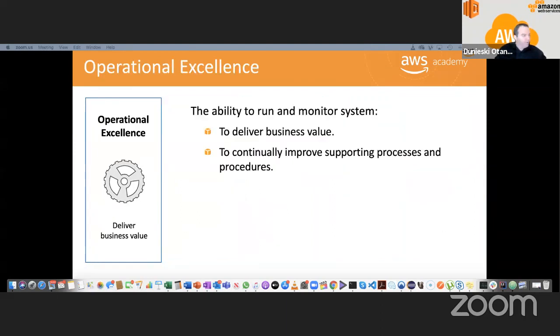So operational excellence involves the ability to run and monitor the system to deliver business value. One of the things that people consider when you are presenting something, or when you are being interviewed for a job, or when you have created something and want to introduce it to your supervisor or to any business owner, is the value that it can give to the business.